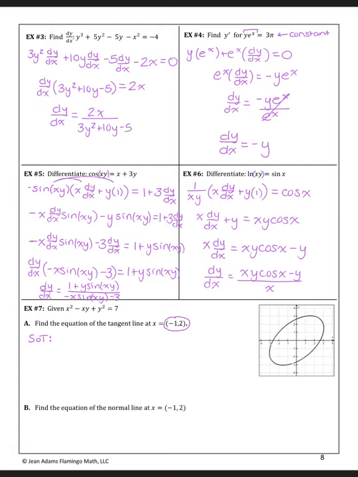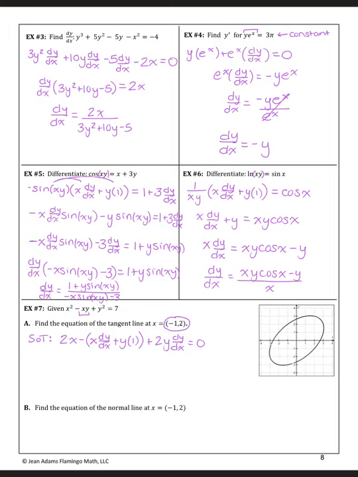So if you take the derivative of that formula up there, you would get 2x minus, you need a product rule there, so make sure you put that in parentheses. So you have the first times the derivative of the second plus the second times the derivative of the first, plus 2y dy/dx is equal to 0.